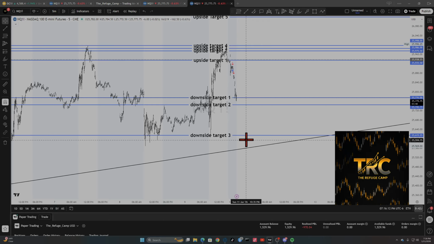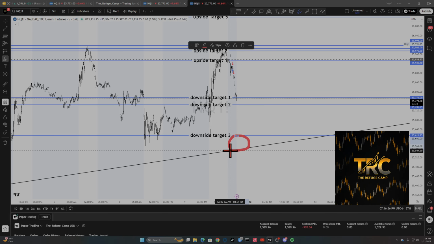So it would be irrelevant to try and put a target anywhere in between here and here, because if you get into this area, you already have your target on your trend line, and you would expect price to behave as it did previously. So you expect a bounce, right?